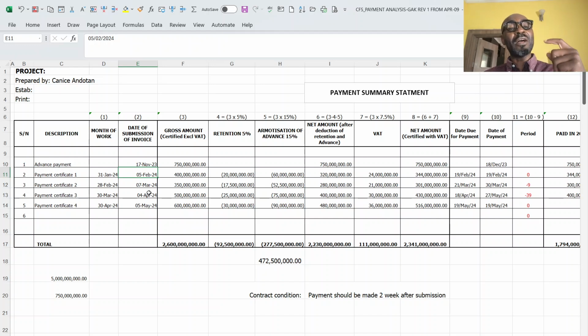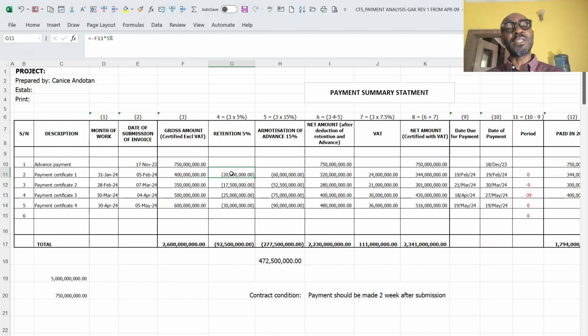And on the 5th of February, I had already attached my invoice, and I have submitted 344 million for payment after all the deductibles. The 400 is the gross, excluding VAT.